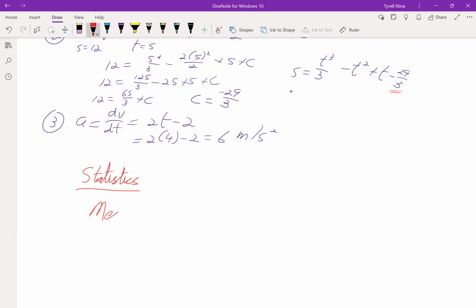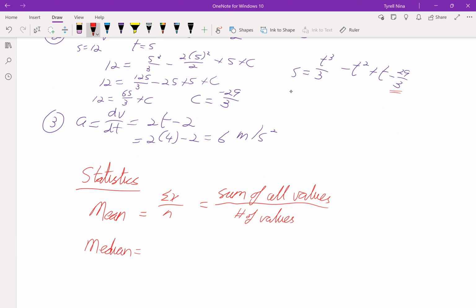Statistics. Mean is the summation of x over n, all values over number of values. Median is the n plus 1 over 2 term. This is the position, right? Just remember that is the position.